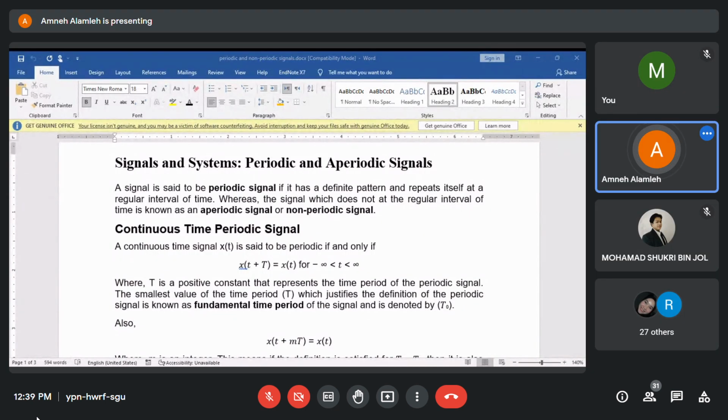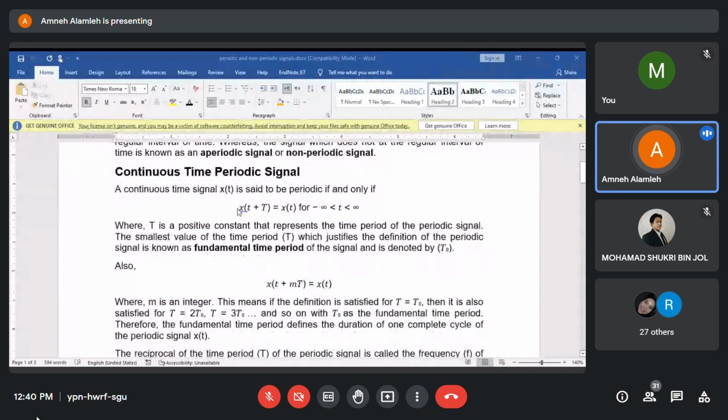To be more clear for you, the signals, periodic and non-periodic. Continuous time periodic signal.